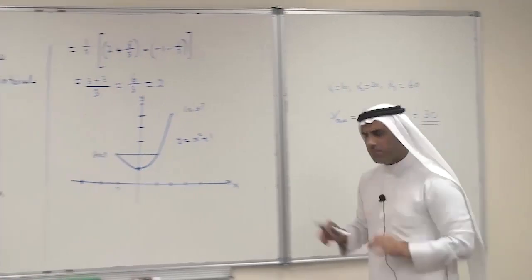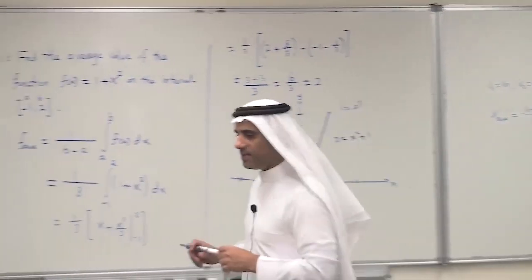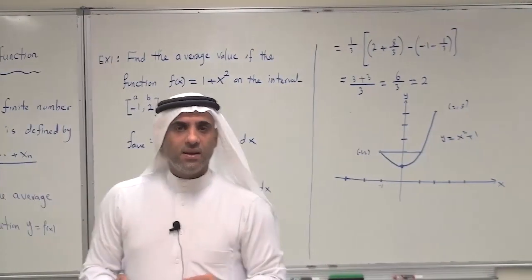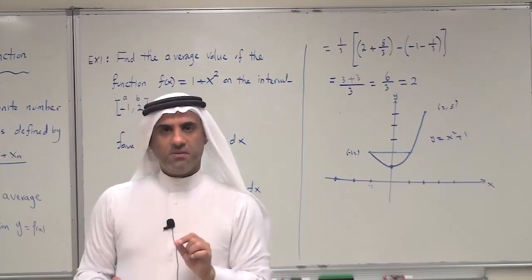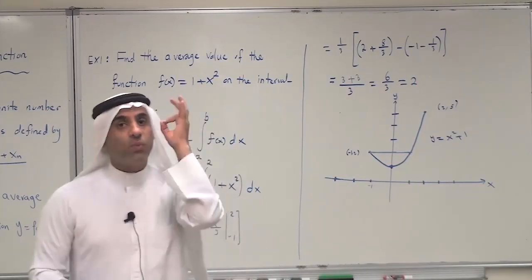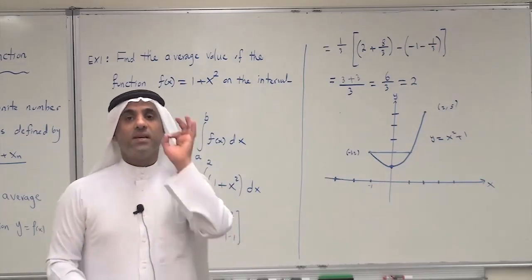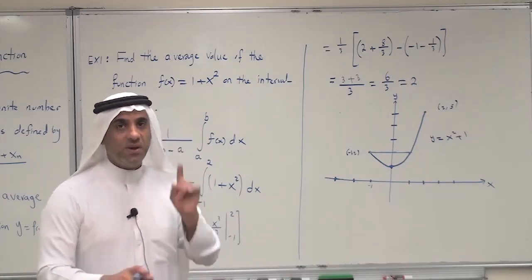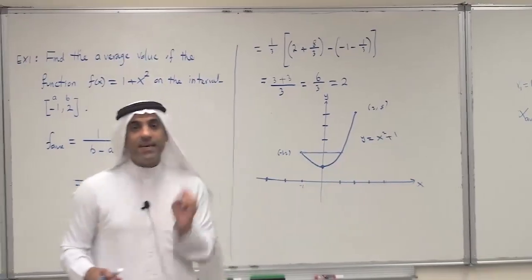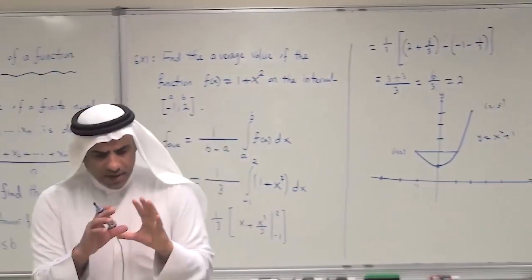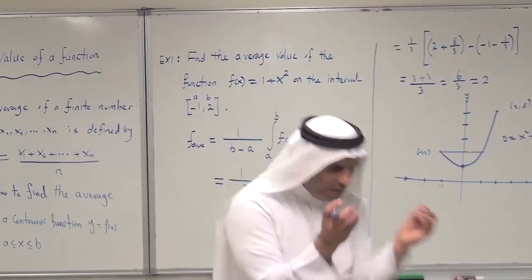The next important point from this nice result is that always, if you have a continuous function, there is one guy who is getting exactly the average. So we will have a nice theorem called the mean value theorem for integrals that says whenever you have a continuous function, you evaluate its average.